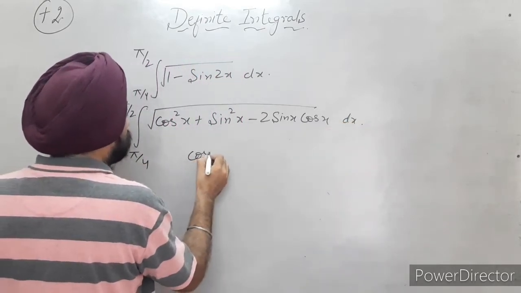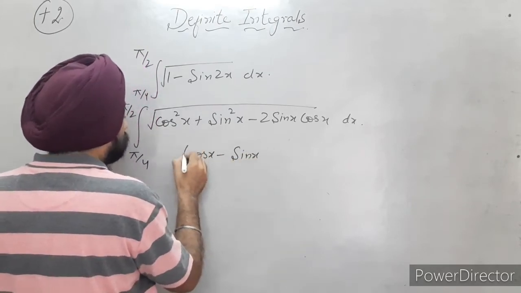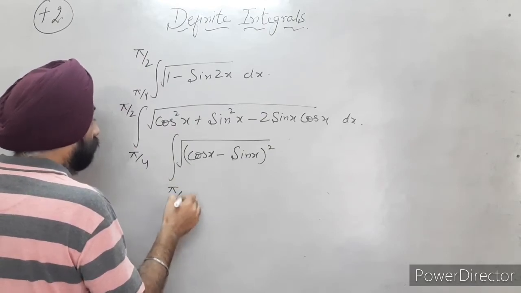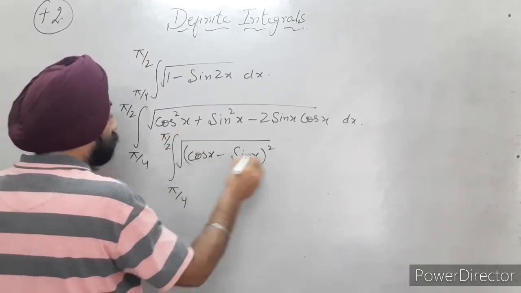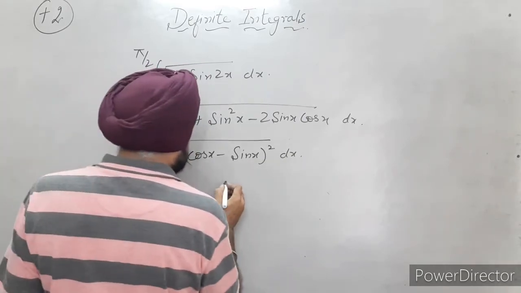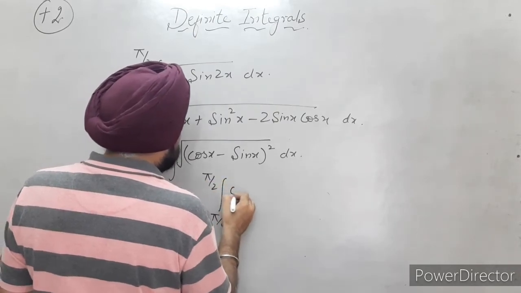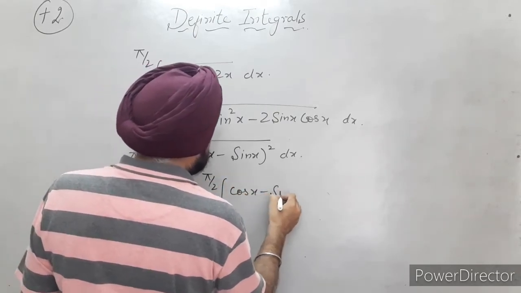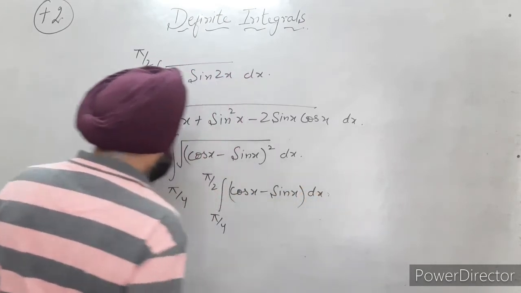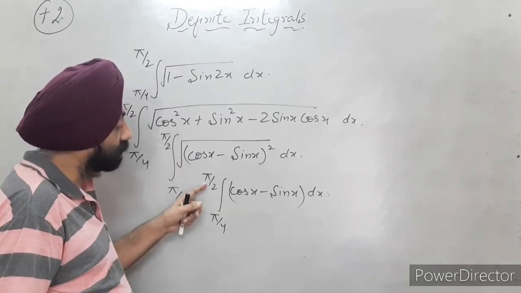It is cos x minus sin x, its whole square, under the root, integral pi by 4 to pi by 2 dx. Now square and under root go, and it is cos x minus sin x dx. But the limit is from pi by 4 to pi by 2.